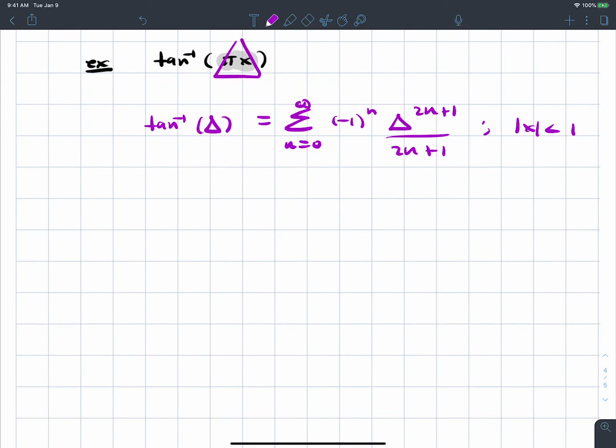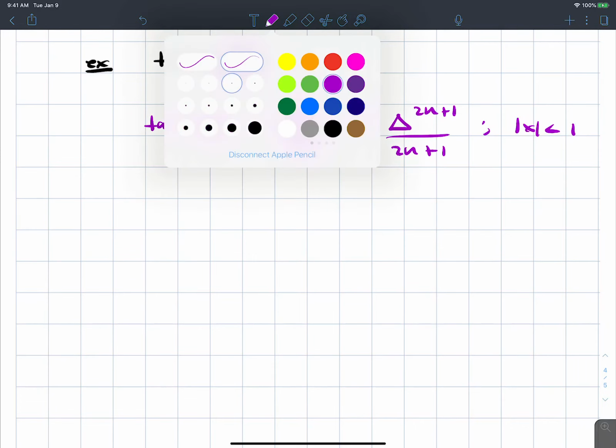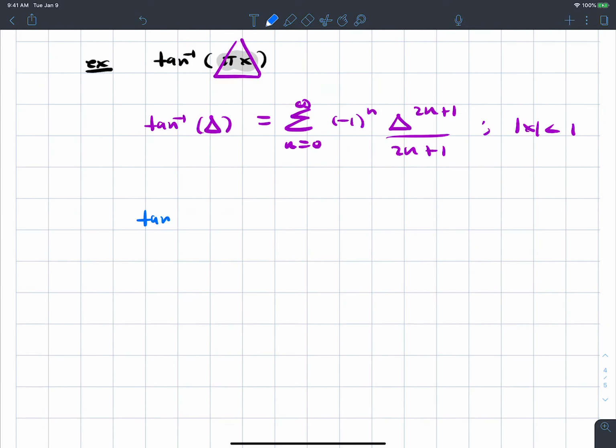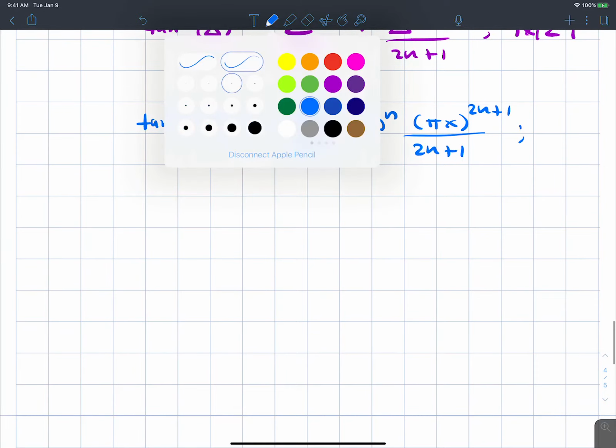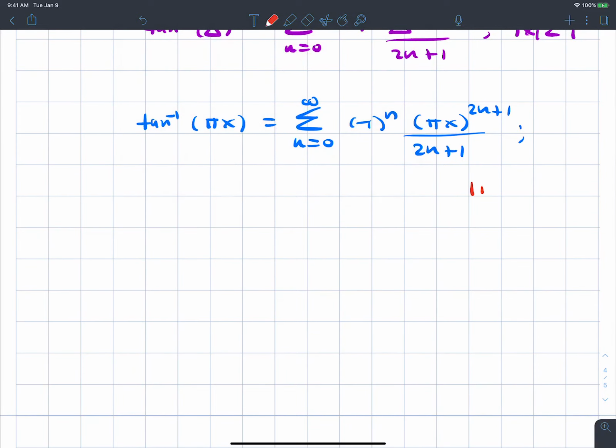So what we have inside here is pi x. So this means the inverse tangent of pi x is a summation, 0 to infinity, negative 1 to the n, pi x to the 2n plus 1, everything over 2n plus 1. And what we need is the absolute value of pi x to be smaller than 1 in order to have convergence.